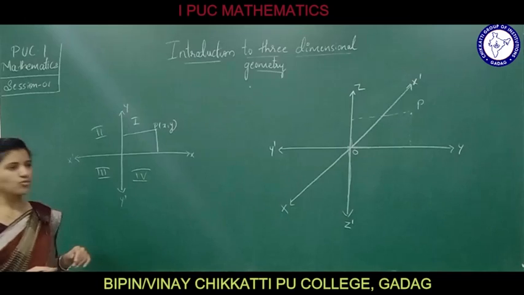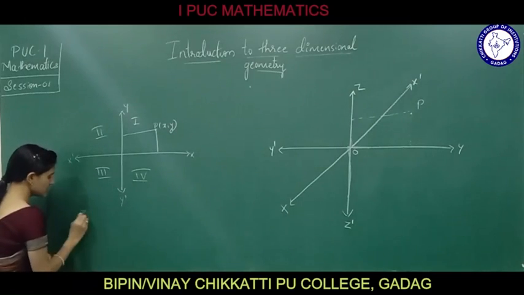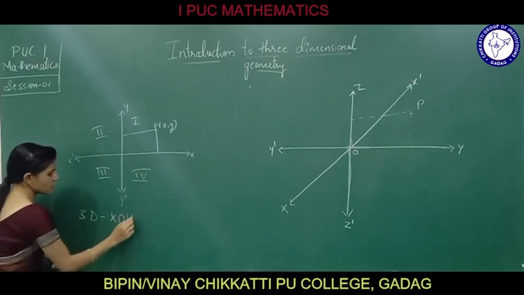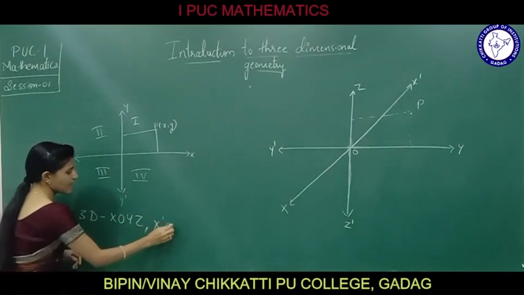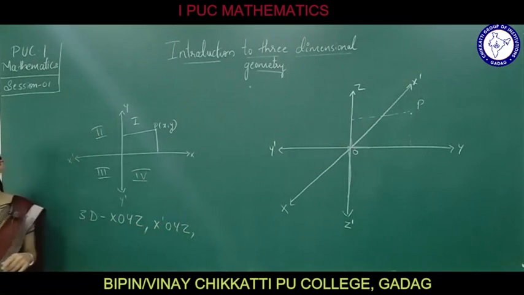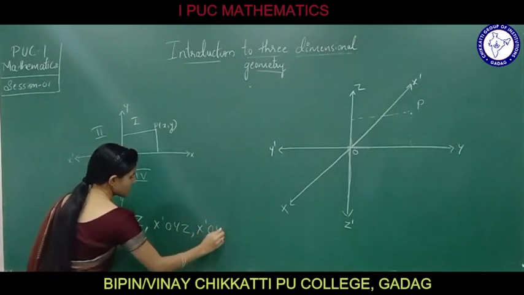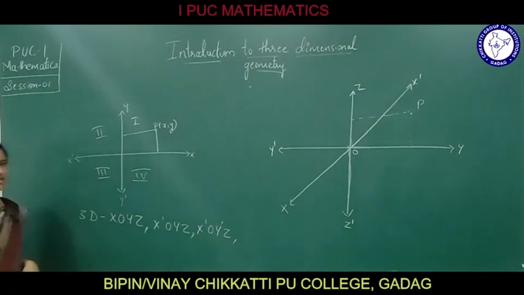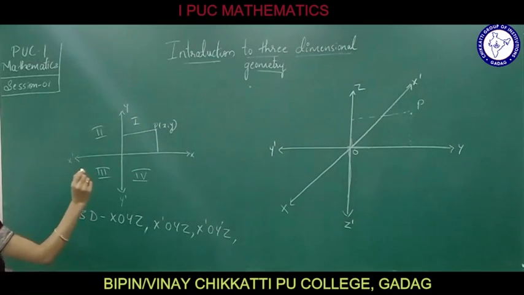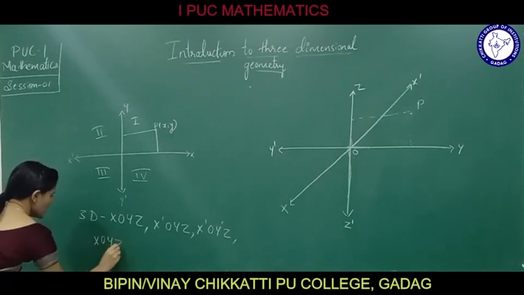One is X O Y Z. Then the others are X dash O Y Z, then X dash O Y dash Z, and X O Y Z dash.